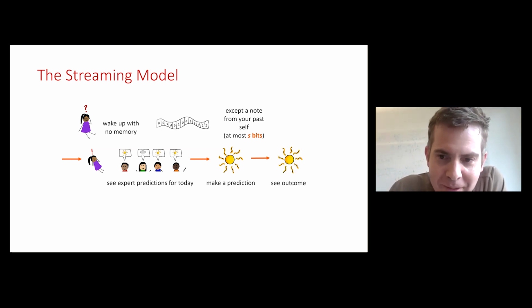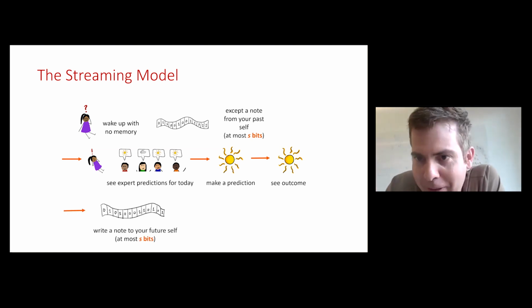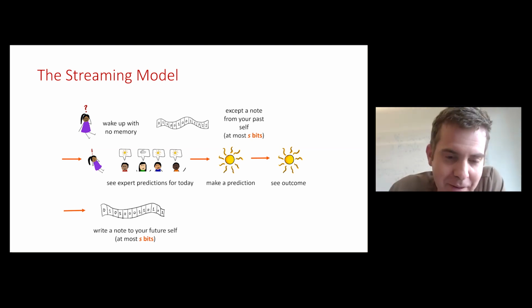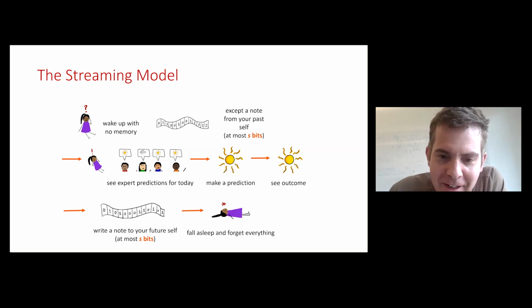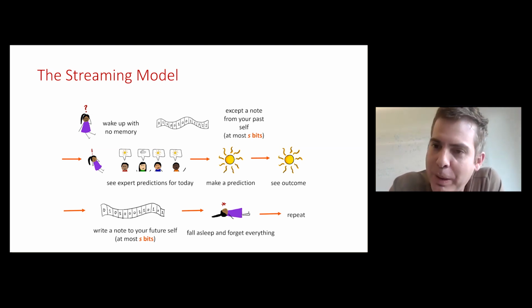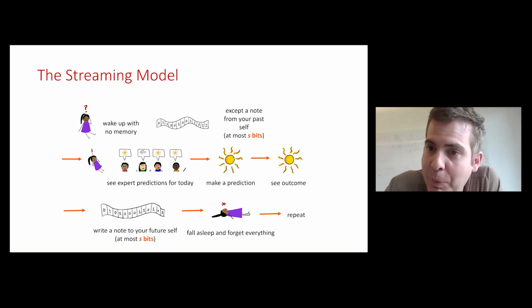You make your prediction, you see the outcome, and then you write a note to your future self, using s bits of space again, and you fall asleep, you forget everything, and you repeat. Okay, so this is how the streaming model works, or at least how we model it for the experts problem. Each day we stream through all the predictions, we make our guess, and then we see the actual outcome. We store a little bit of information, and we move on to the next day.